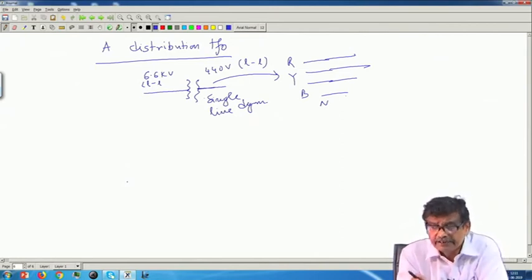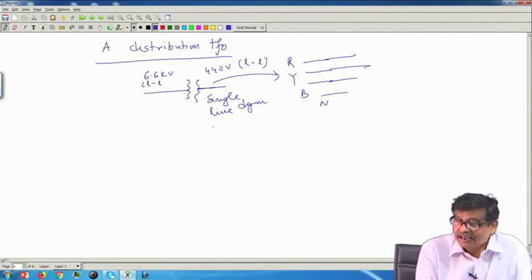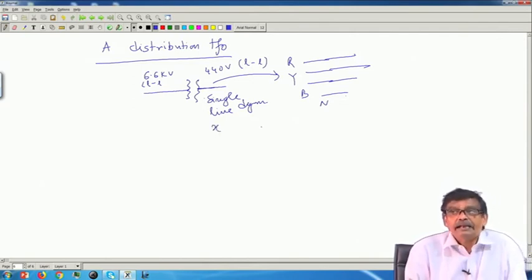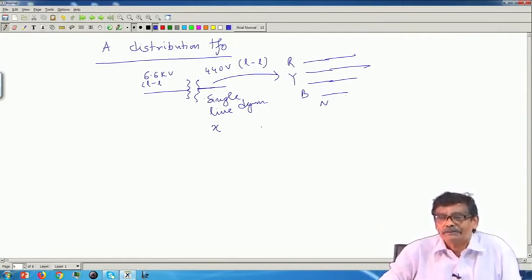So, in such a scenario, what do I mean by load changing? x is changing, and it is not in my hand, it is in the hands of the consumers. It also depends on the season.